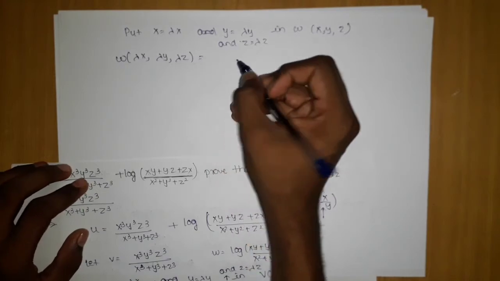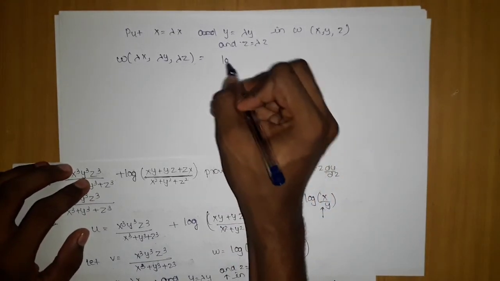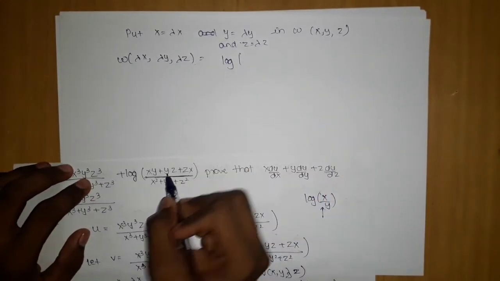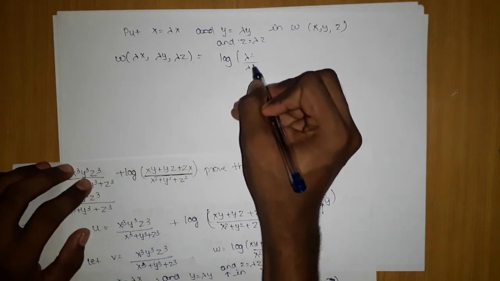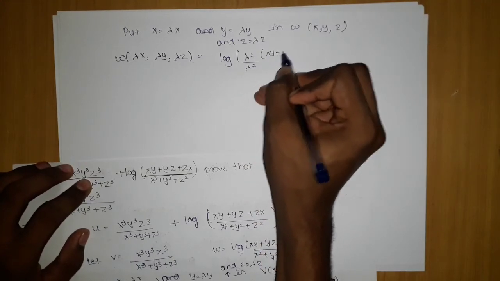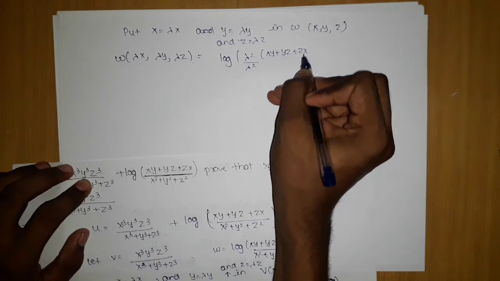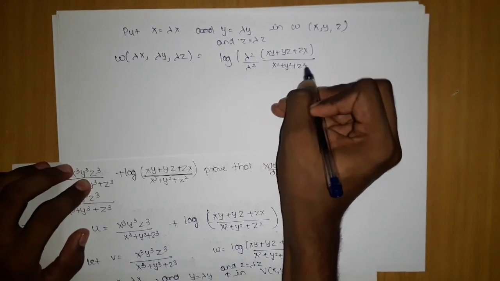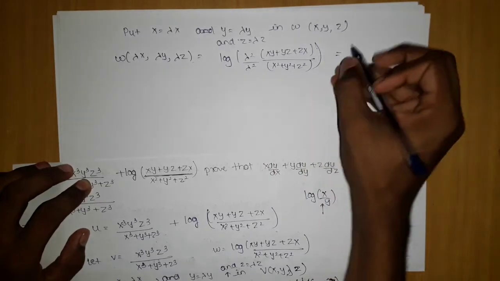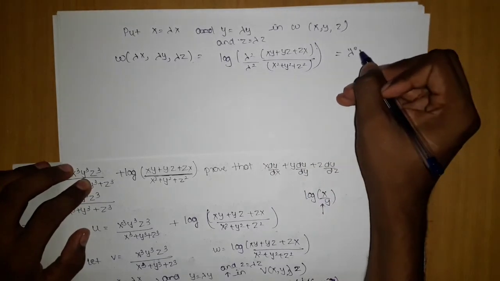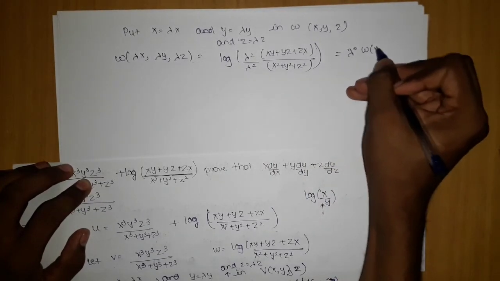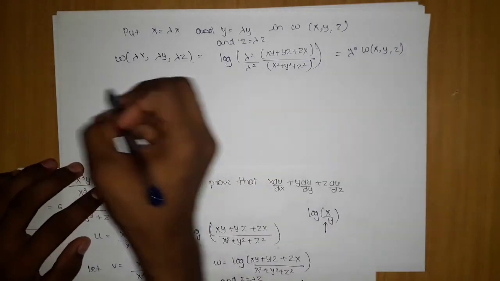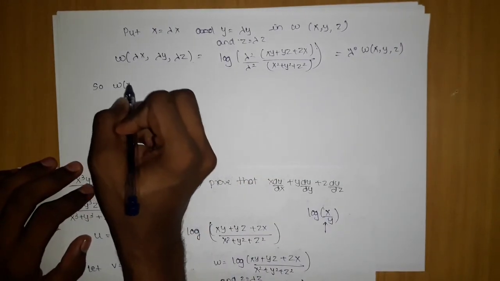So here, the moment I substitute inside the log, I can see lambda square will come outside in the numerator, and lambda square will come outside in the denominator. So it will cancel out and I am going to get lambda power 0 times w of x, y, z.